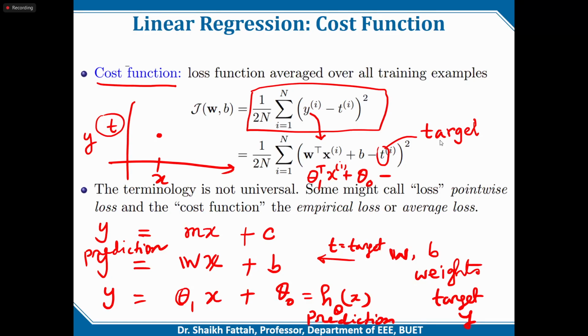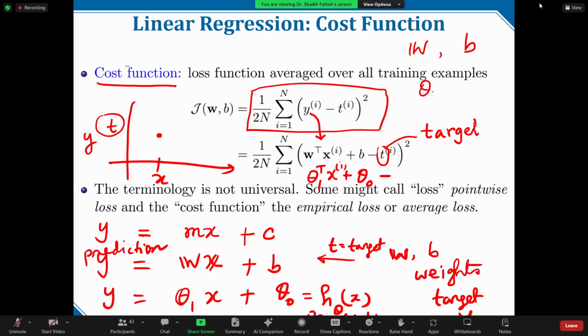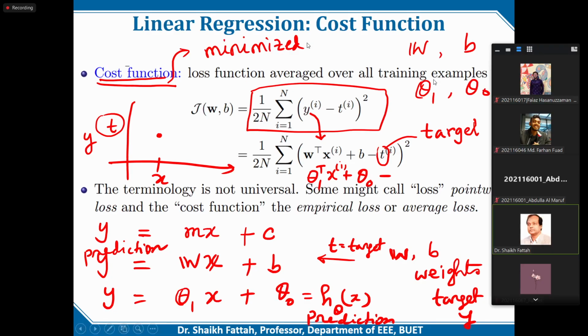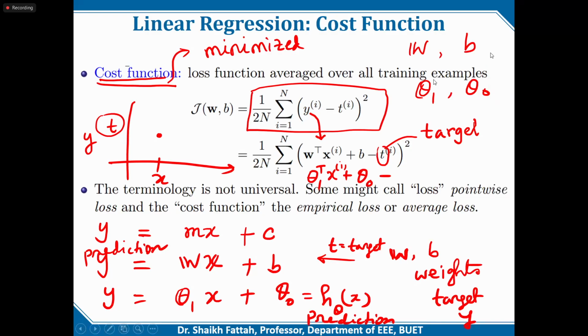Our objective is to find out W and B, given that the cost function is minimized. That is our objective: the lowest possible cost function. What is actually the cost function?